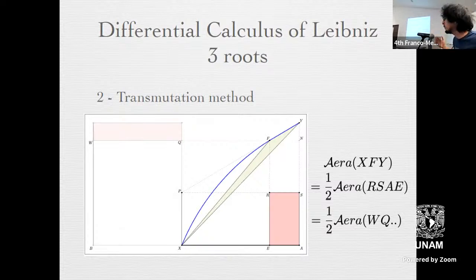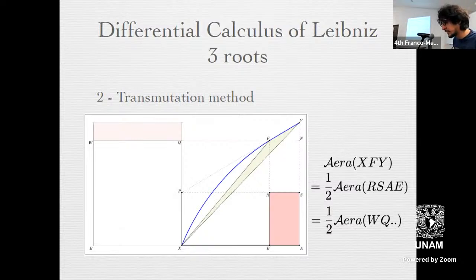If you look at the sources, you got two types of transmutation method that Leibniz used. One is the first red area, and the other is the second red area. But the principle of the technique is the same.